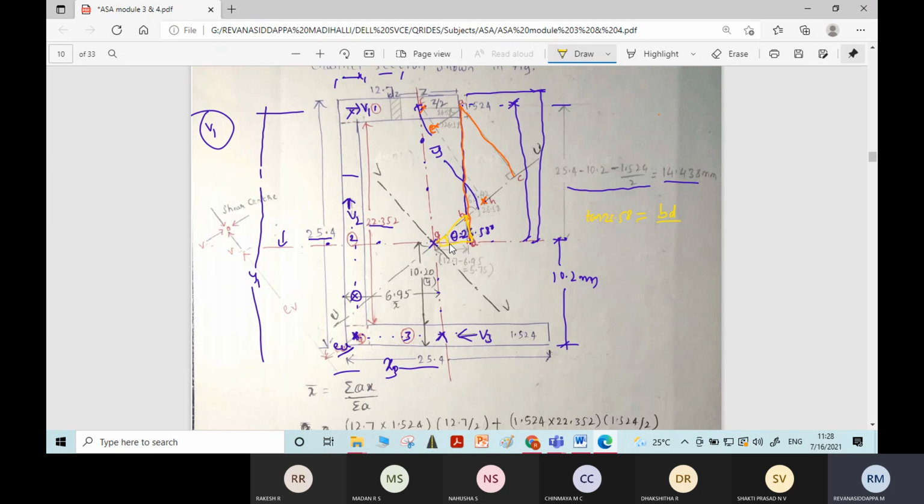You know the x bar value is 6.95, and the distance to the edge of flange 1 is 12.7. So 12.7 minus 6.95 gives this GD distance. Substituting this GD distance, you will get BD.